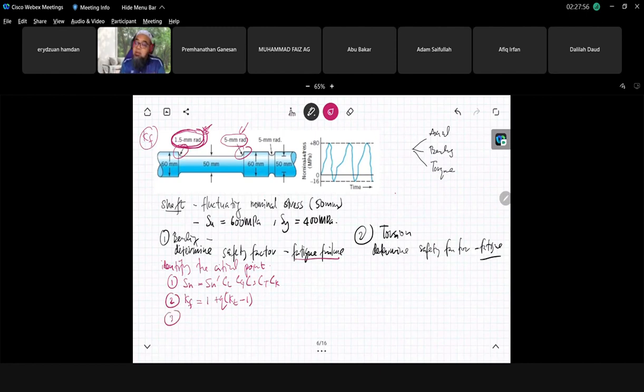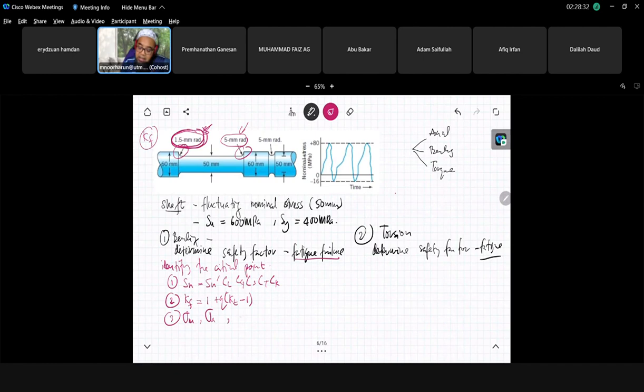The third one is the original sigma mean and sigma alternating, the mean stress and alternating stress, from this graph.